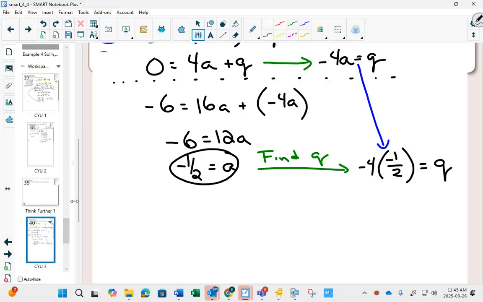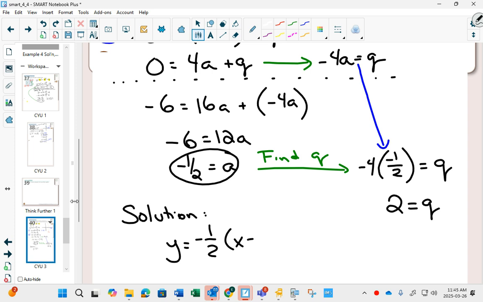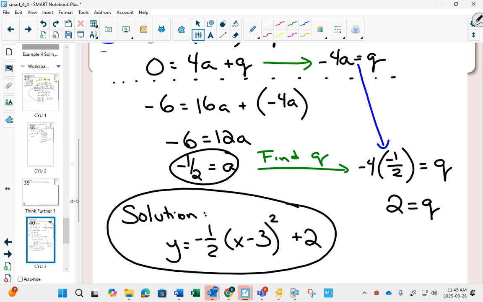And half of 4 is 2, and negative times negative is positive, so I get 2 is equal to q. And now I have everything for my solution. I needed to find my a value, which I did, negative 1/2. I needed to find my p value, which I found right away to be 3. And finally, my q value is plus 2.